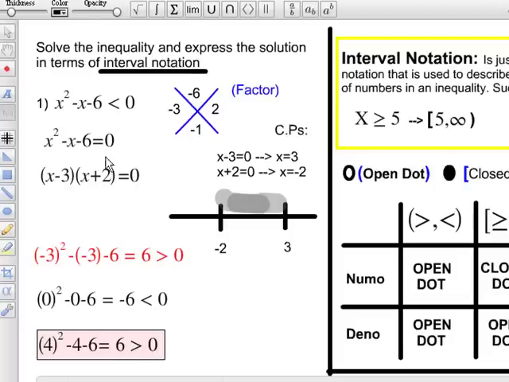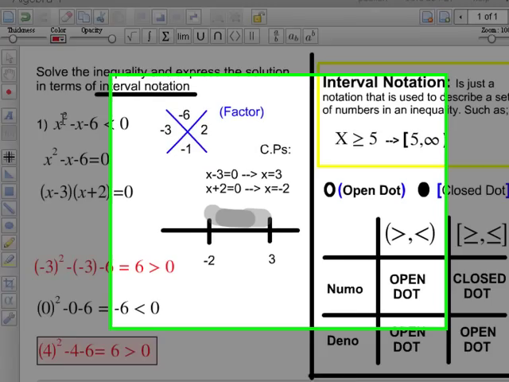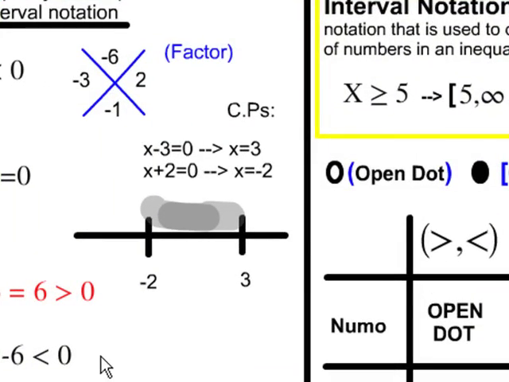So I'm going to highlight that as red. It looks like our solution resides between negative 2 and 3.